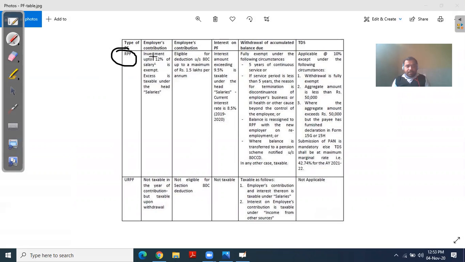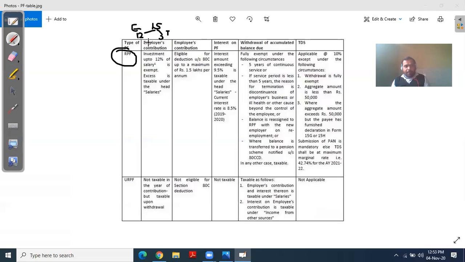If you invest 15%, then 12% is exempt and 3% is taxable. And an employee is eligible for deduction under section 80C.